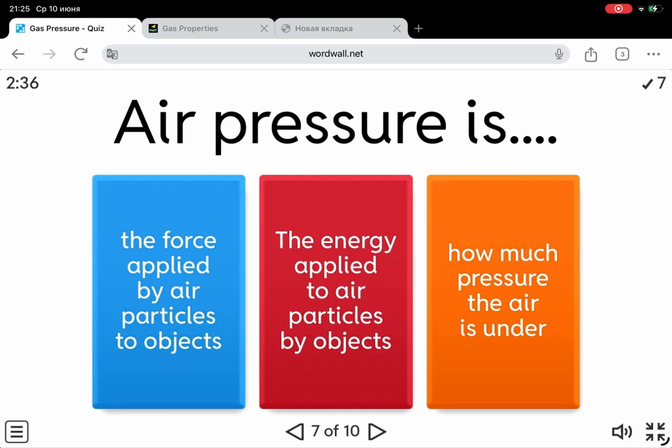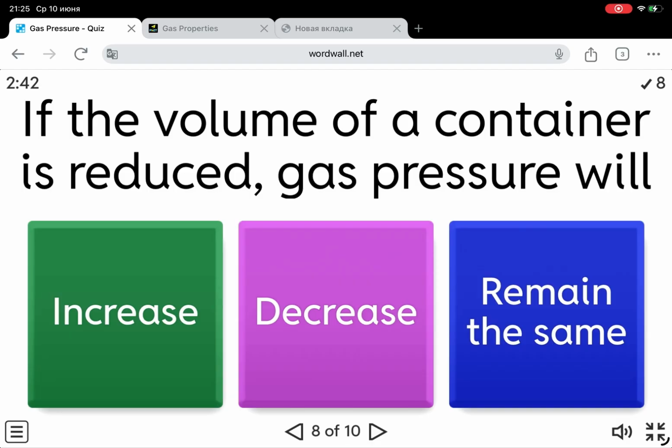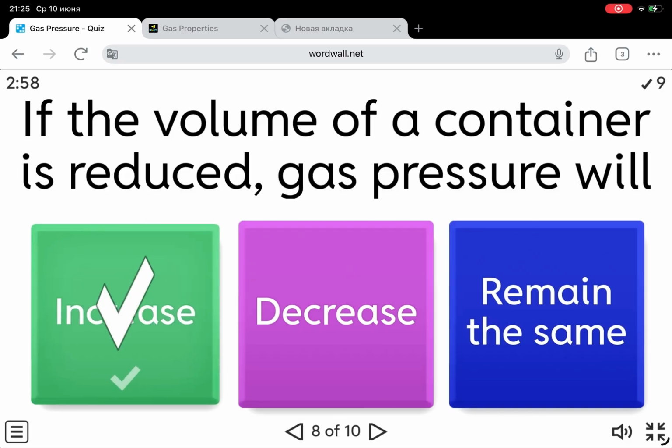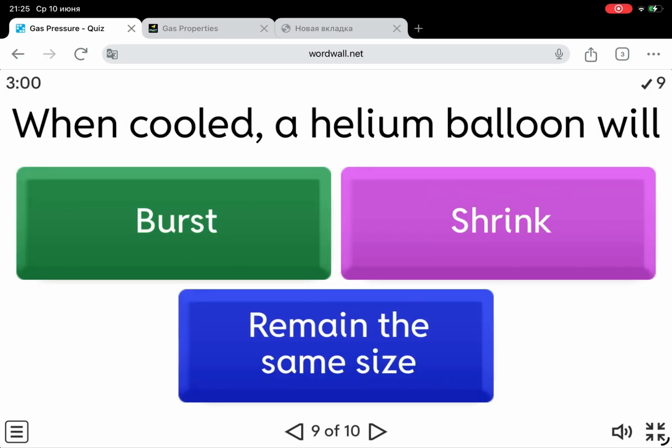Generally pressure is a physical quantity related to force, and we will change the first option. If the volume of the container is reduced, gas pressure will... We know the answer because we see it in the diagram. If we decrease the volume of the container, pressure will increase.